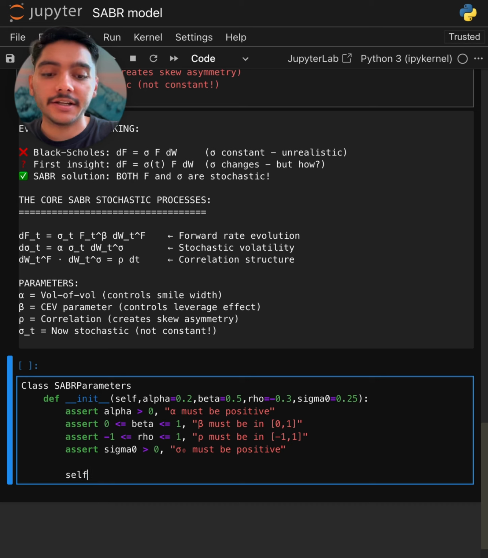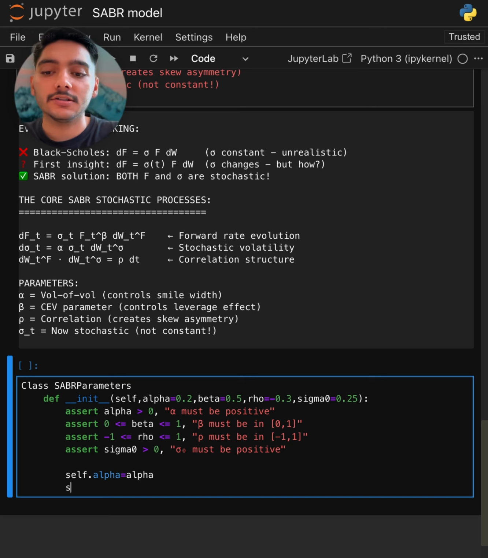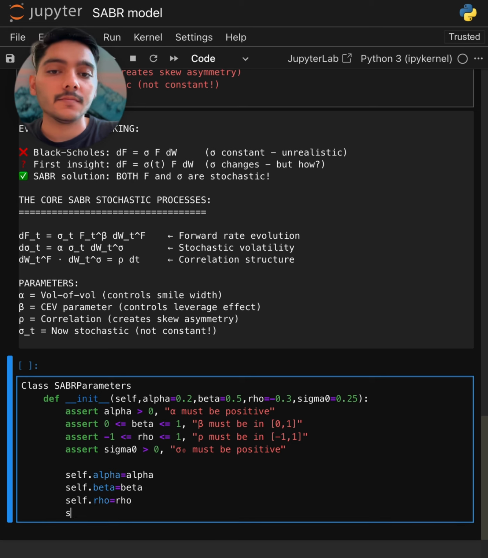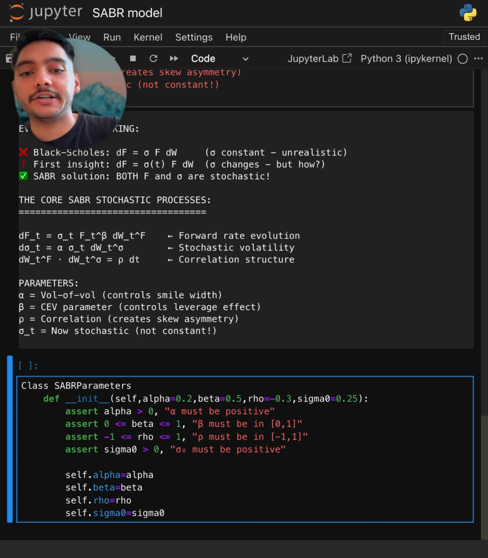Actually I have written this code already, so I'm just referring to it, so that it's easier for all of us. Then self.beta is equal to beta, self.rho is the correlation, and self.sigma naught is equal to sigma naught, which is the initial volatility.